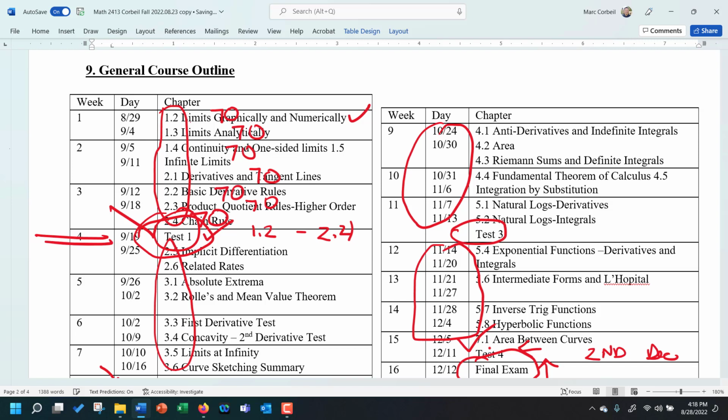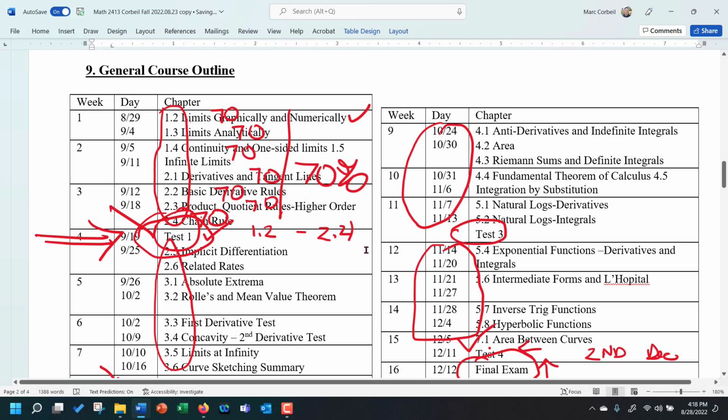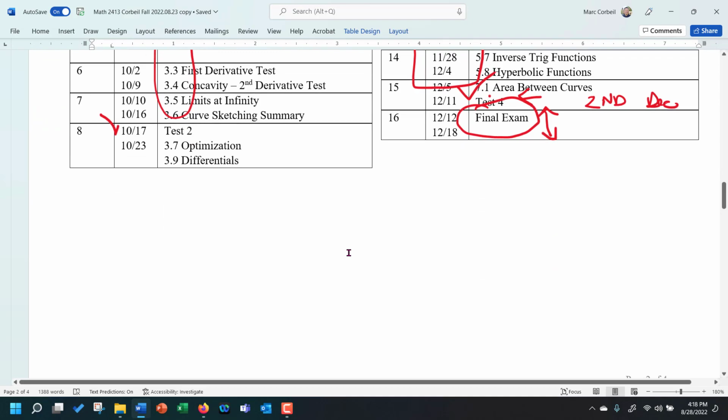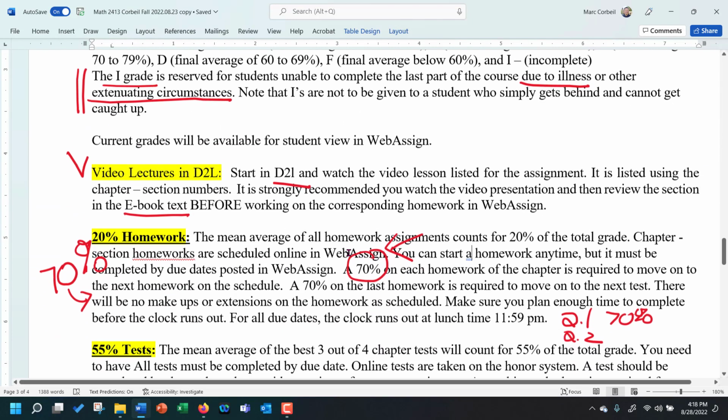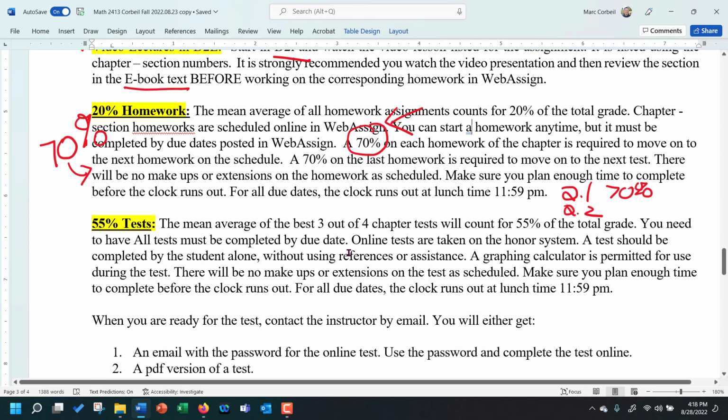You cannot get into test number 1 unless you got 70% on the homeworks. That's just not going to happen. So that's going to force your hand. You just have to do the work to qualify to do the test. Otherwise, you'll be considered not qualified to do the test, and you'll miss the due dates.